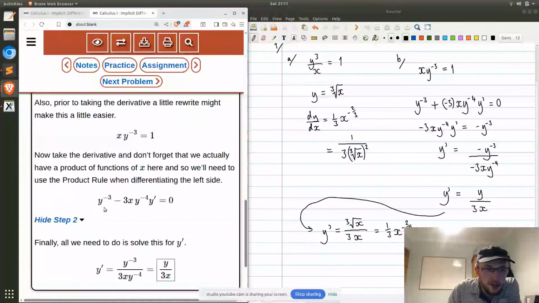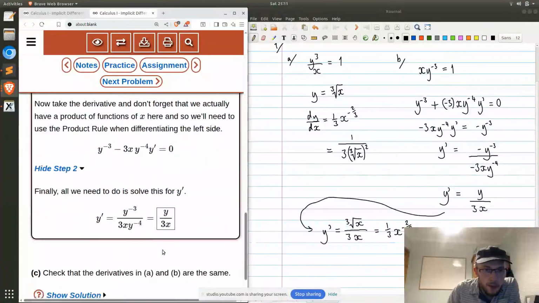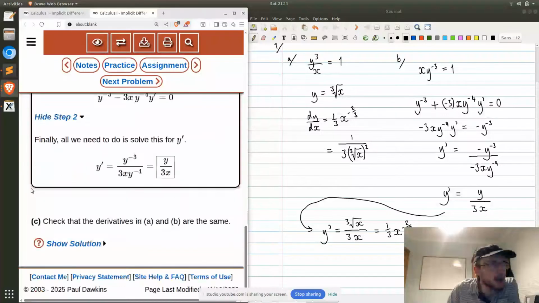But let's see, okay, so we get this y over 3x, and in part C we are to check if these are actually the same or not.